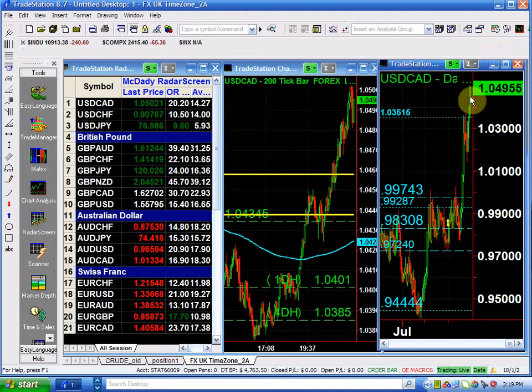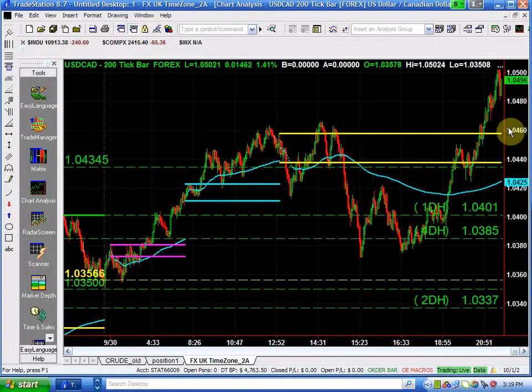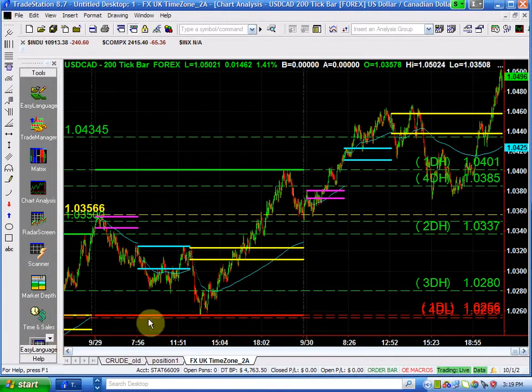So based upon this, I'm going to buy when it trades above the high of the day, and I'm going to look at my intraday chart to identify a point of entry. As you can see here on the intraday chart, the trend is pretty much entrenched to the upside.